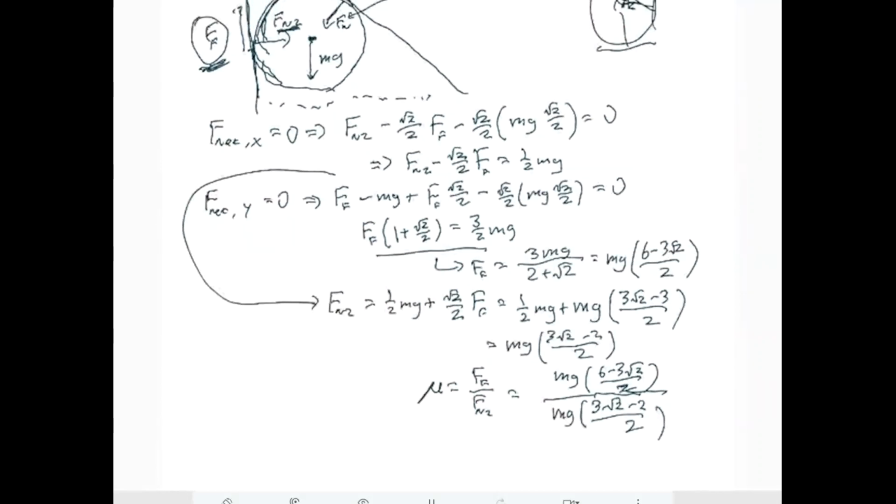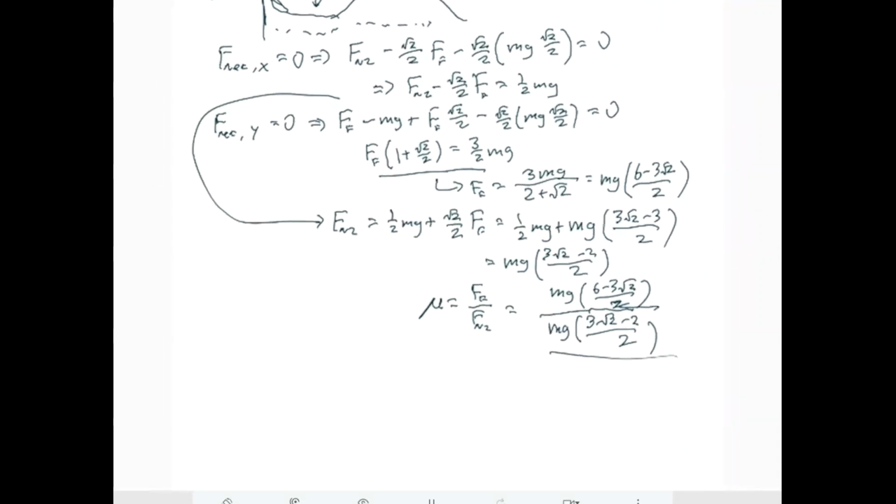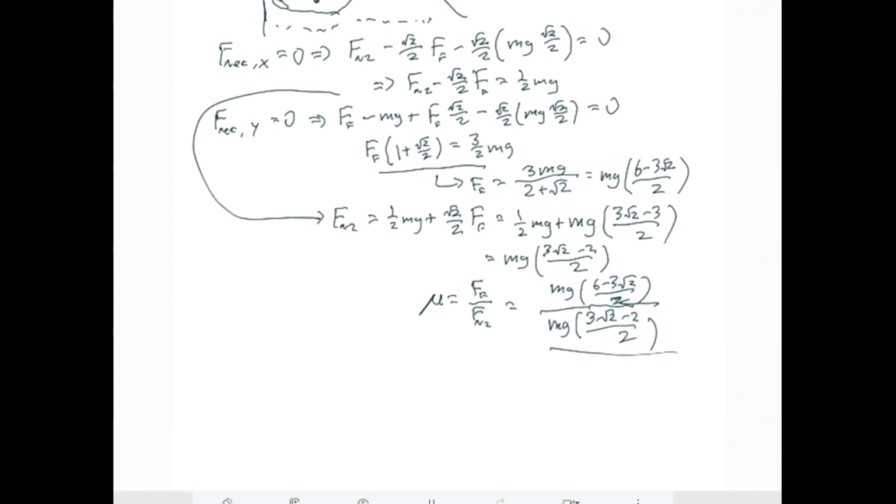So this right here is actually the coefficient of friction between the cylinder and the wall. But what the question asked for was actually the cylinder and the stick. So that's a bit easier actually. The mu that we actually want is the friction force divided by Fn, not Fn2.